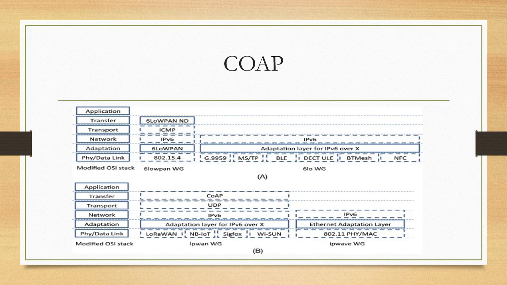Next is features of COAP, Constrained Application Protocol. IETF defines application support layer protocol. Web objects communicate using request or request/response interaction model. Specialized web transfer protocol used for core is role network.